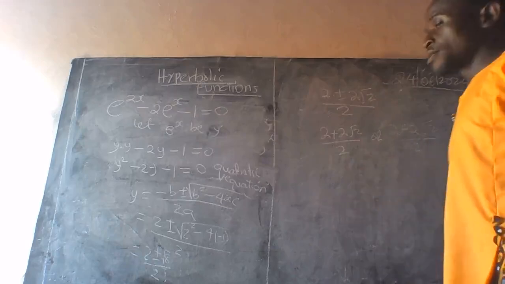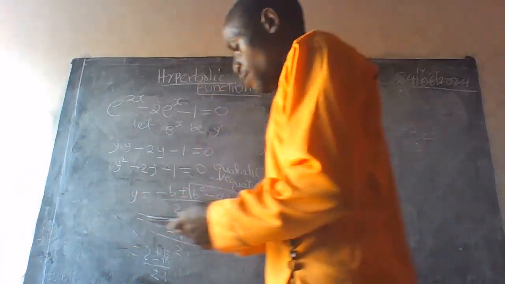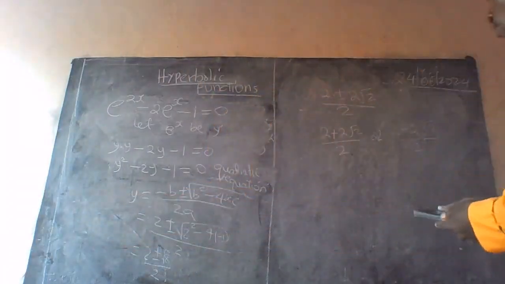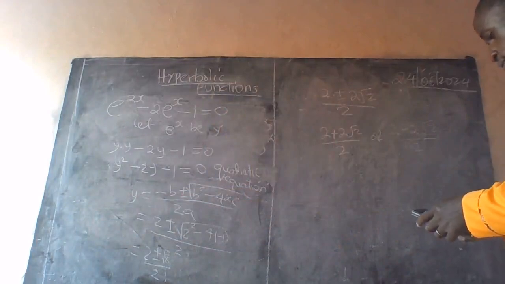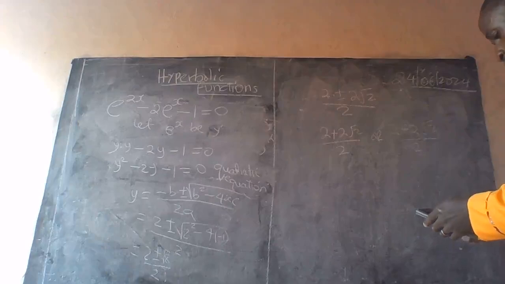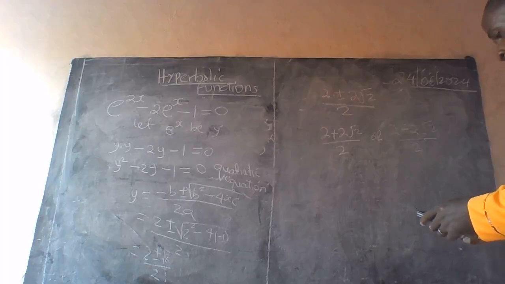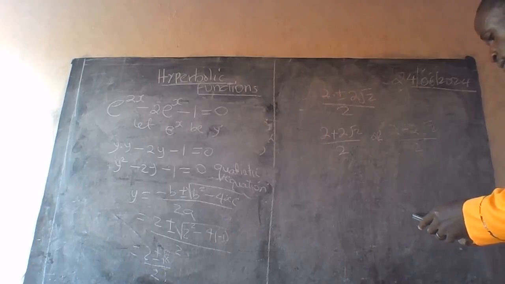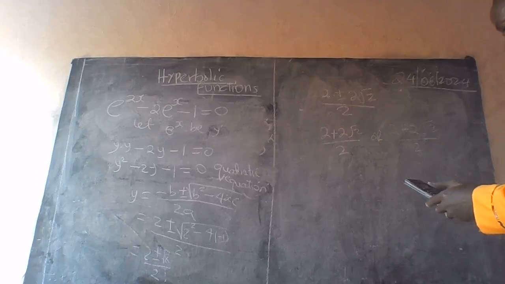So this one requires a calculator for us to be able to get the answer. So that's going to be 2 plus 2 root 2, divided by 2.